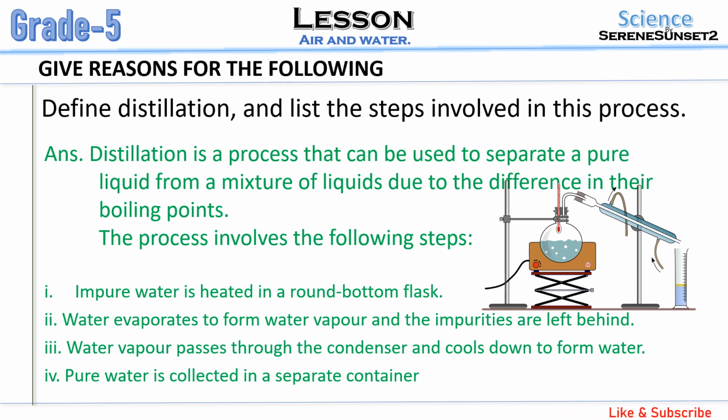Impure water is heated in a round bottom flask. You can see the round bottom flask here. Water evaporates to form water vapor. Impurities are left behind. Water vapor passes through the condenser and cools down to water. Pure water is collected in a separate container.